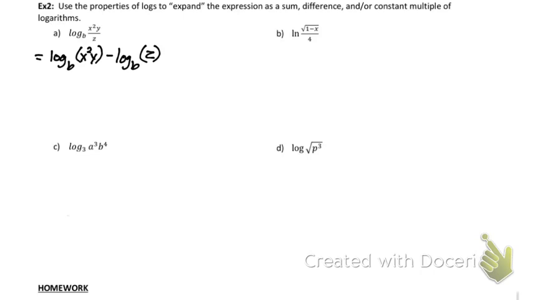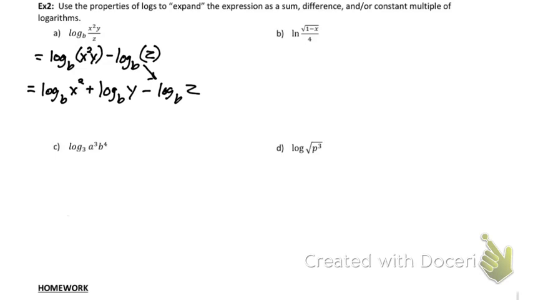That gets rid of that division bar in the arguments. Now I'm going to get rid of that multiplication sign. Multiplication leads to addition. This multiplying is going to lead to the addition of two logarithmic functions. So we're going to have log base b of x squared plus log base b of y, and we still have that minus log base b of z.